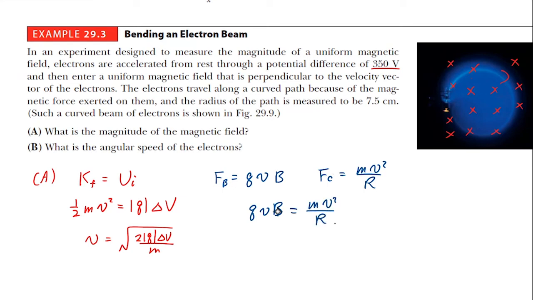This time we are solving for B. So B happens to be, one of the v's cancels, mv over q times r. You see how we can use this relationship. You start here and then you equate them, and you ask yourself, what is it that I want? And then you solve for that. That's how things work in physics all the time. Good?